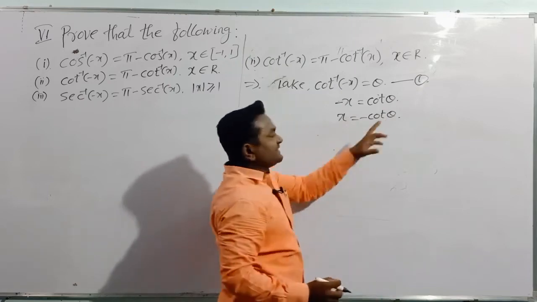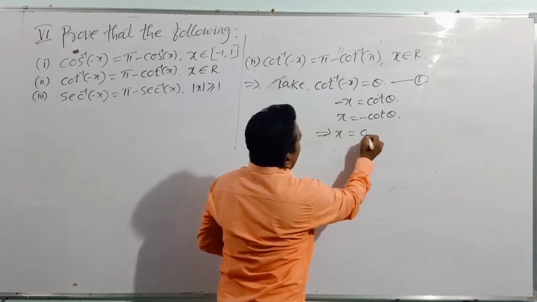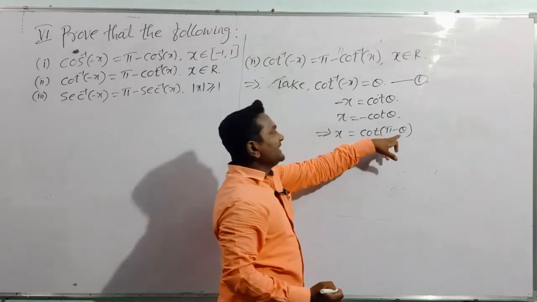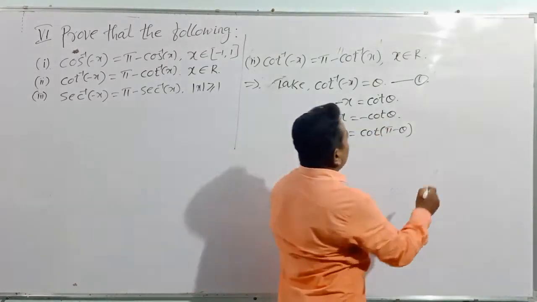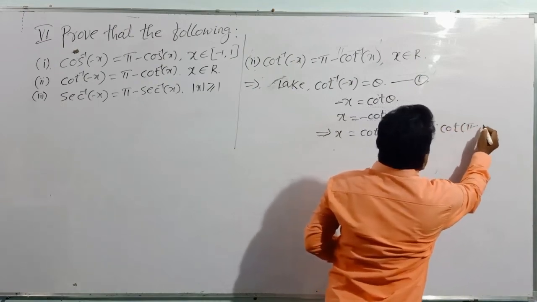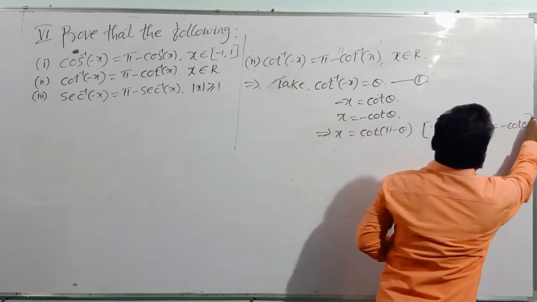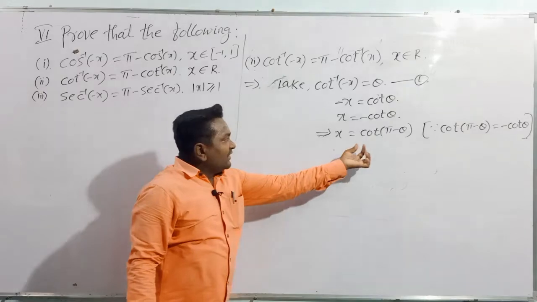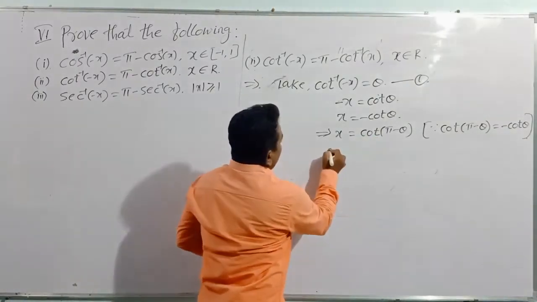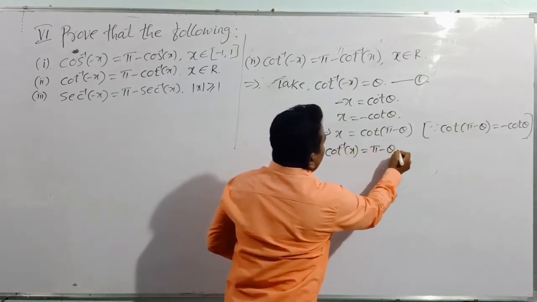Here also you have to replace the value for minus cot theta. So x equals cot of (pi minus theta), because cot of (pi minus theta) equals minus cot theta. Now further, this cot moves to the left-hand side and becomes inverse: cot inverse x equals pi minus theta.